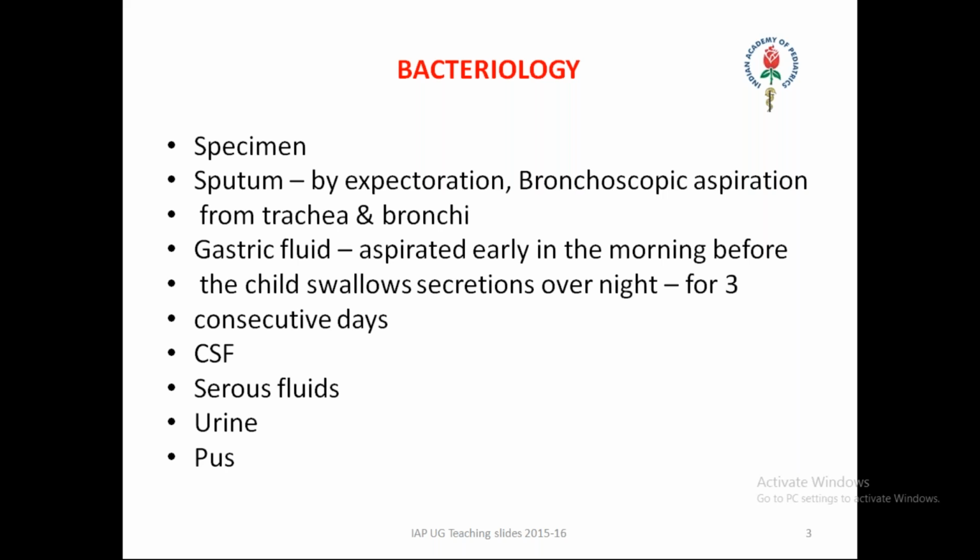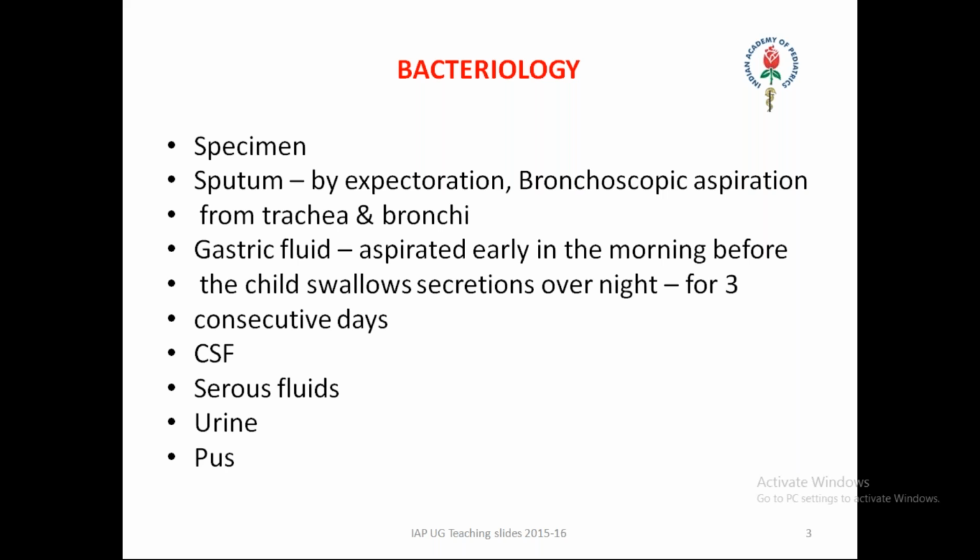So we either take the gastric fluid or bronchial aspiration from the trachea and bronchi, or bronchial lavage, bronchial secretions, and gastric fluid, which we routinely practice if sputum is not produced by the children.